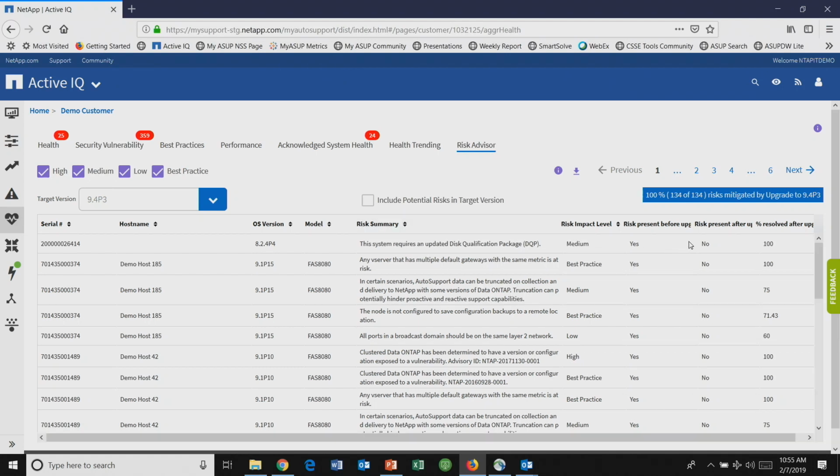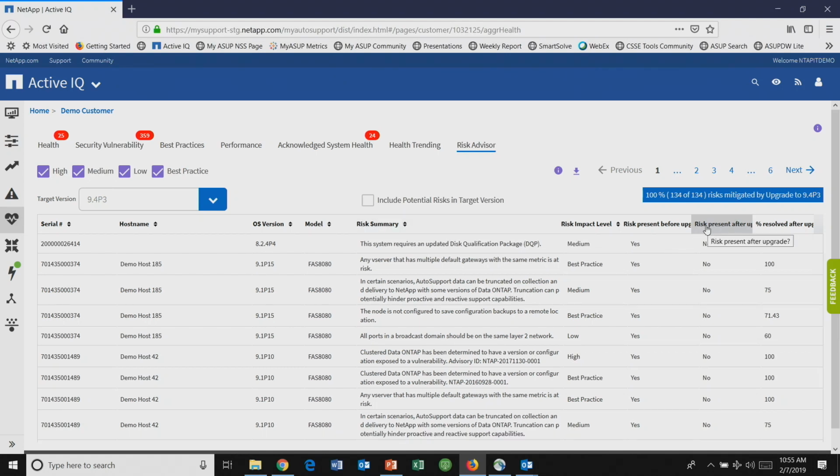Not only that, the really fun part about this mitigation advisor is that it also brings in the experience that other customers have had when they have had to upgrade their environment.